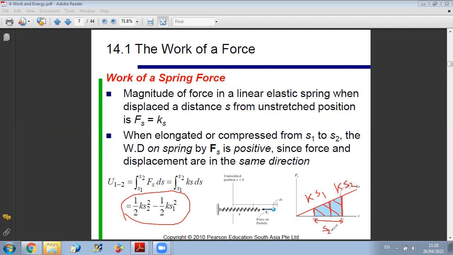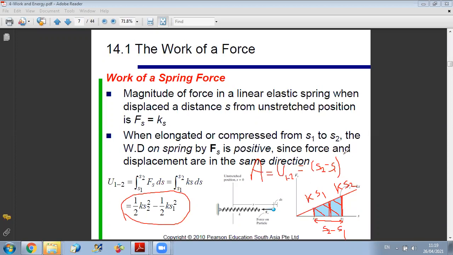So if you calculate the area of the trapezoid, you will get that the area is equal to the work done on the spring between 1 and 2, which is equal to the height, S2 minus S1, times this base here, which is the small base plus the big base over 2.